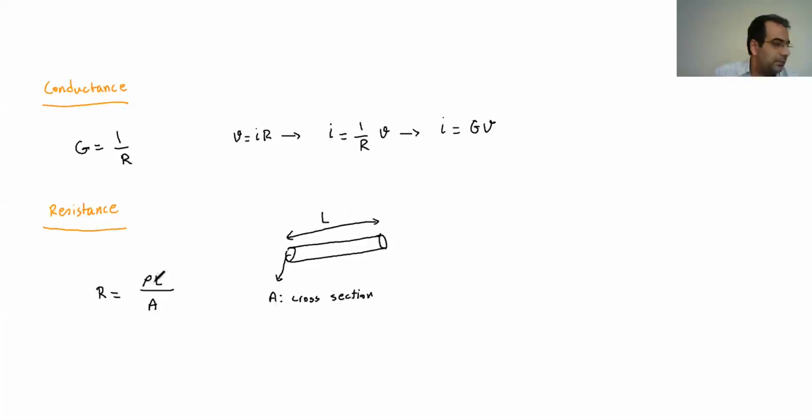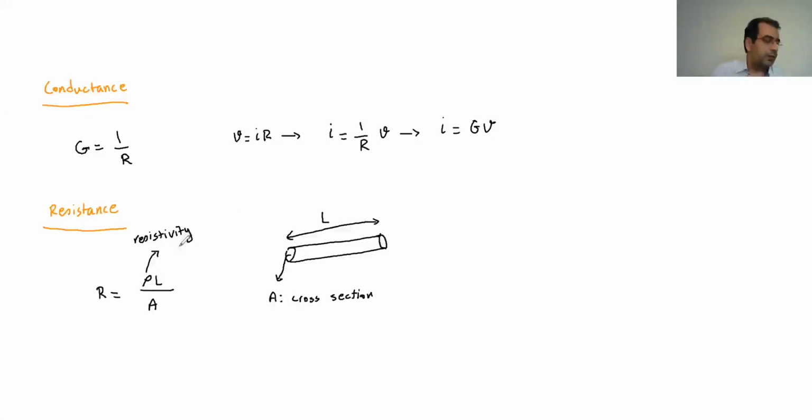And rho is a physical constant. They call it resistivity. It depends on the material you are using, and it changes from material to material.